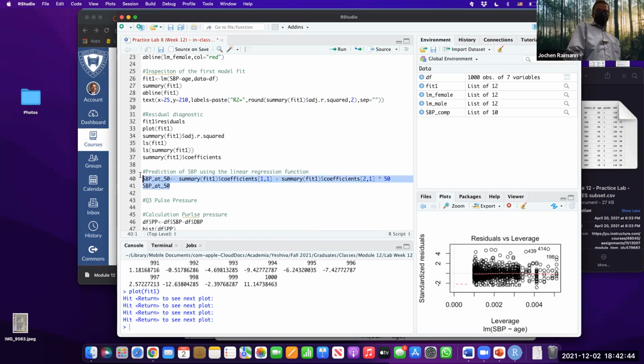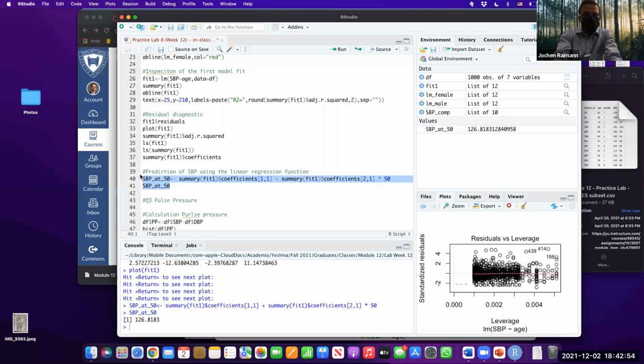The prediction of SPP using the linear regression function. Here you can predict your blood pressure at 50. As said, you can use this function that you're developing in the same fashion. When you predict it, let me drop that in the chat. You can use the first line. So you have fit one coefficients.